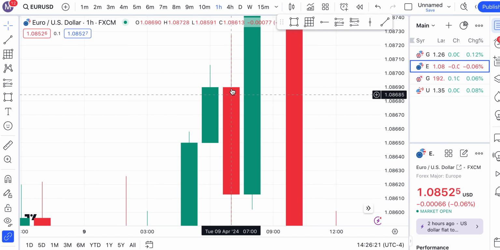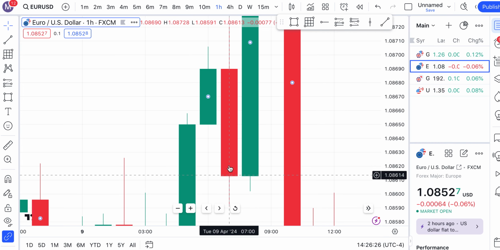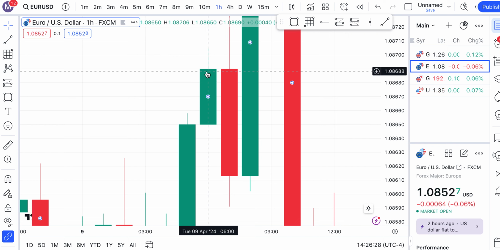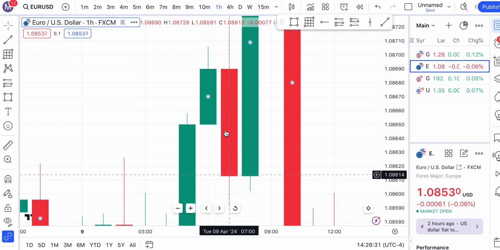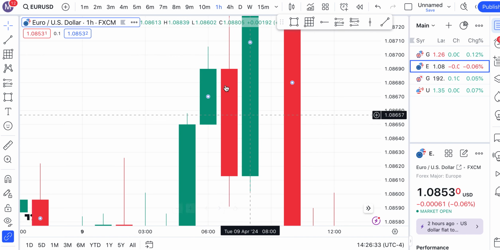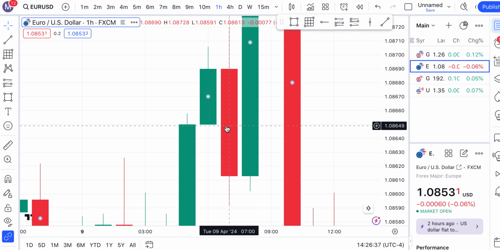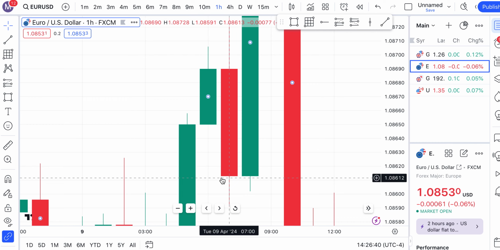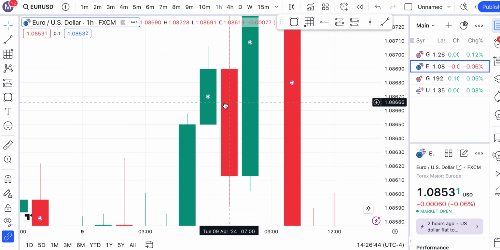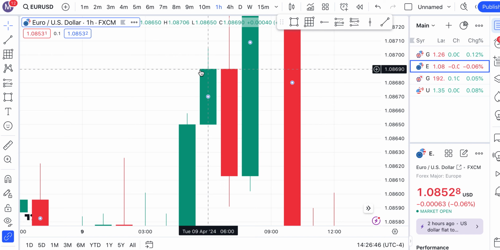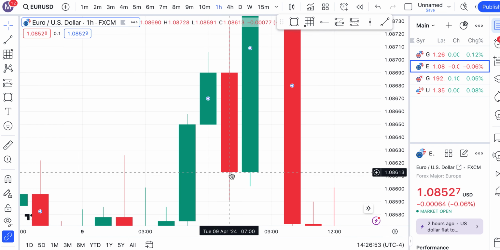Closed here, so the next candle opens at the same price. However, this candle closed below the close of the previous candle, because it's a bearish candle, it closed down here. So let's say this is on the hourly time frame, so within an hour, when the hour was up, we closed down here, which is below the close of the previous hour's candle, which makes it a bearish candle.